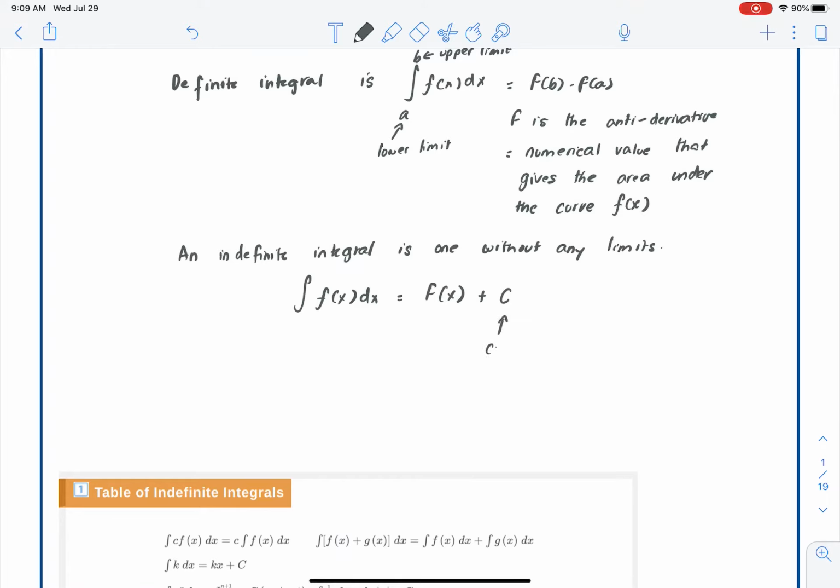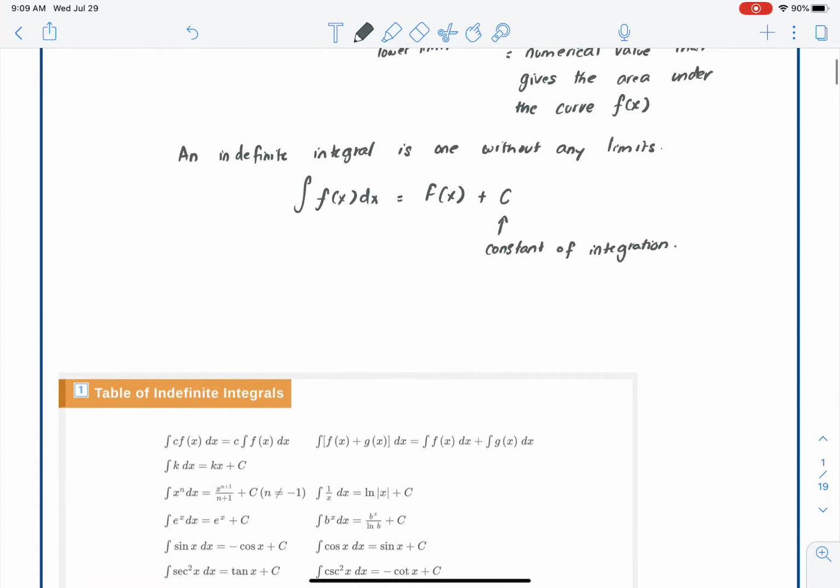Now this is what we call a constant of integration. Now, you may ask me why we should put that c. I'll take a simple example. Integral x squared dx. So the antiderivative must be something.